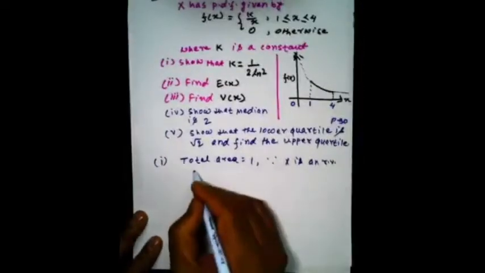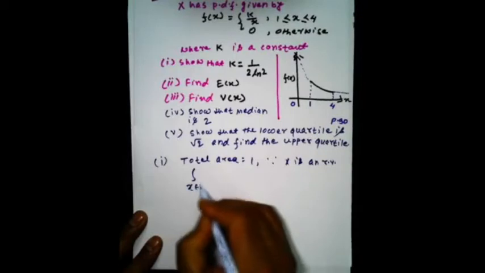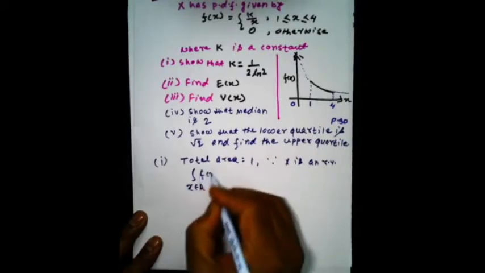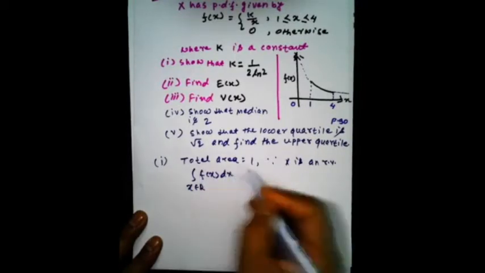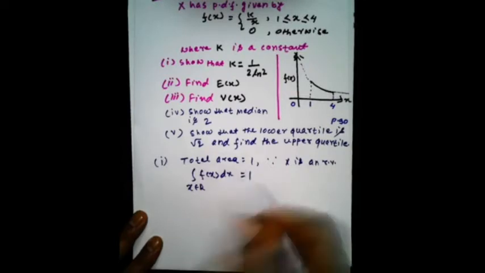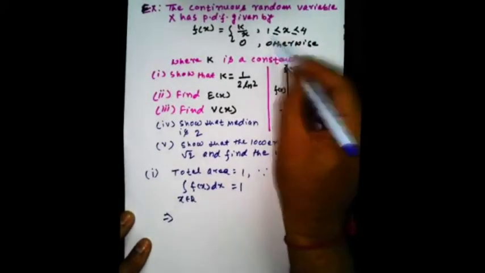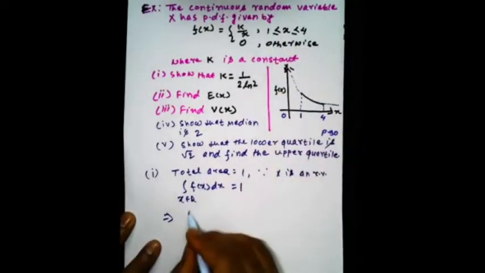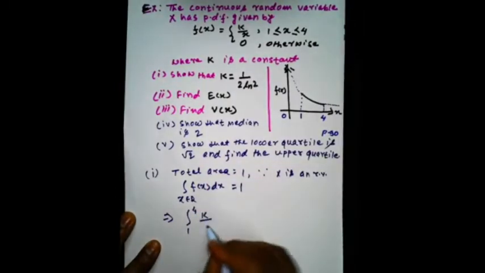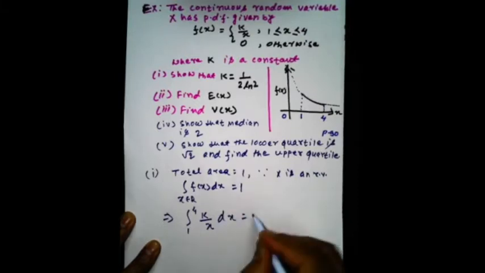And total area means we write it this way: the integral over x belongs to R of f(x) dx equals 1. And so for x belongs to R, our range of values for x is from 1 to 4, and f(x) is k over x, then dx equals 1.